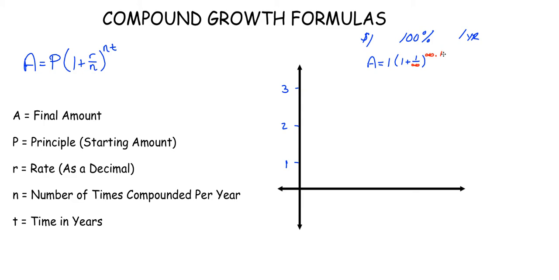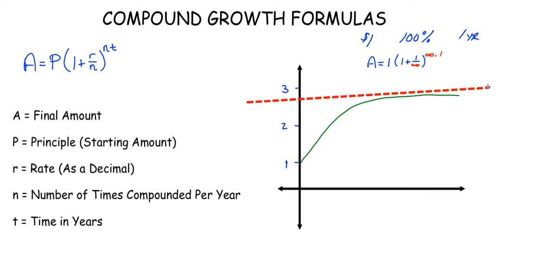As we look at the graph, and if you want to plug this into a calculator, you certainly could, it's going to start right here at 1. I'm just going to grab a different color here. It's going to start right here at 1, and over time it's going to grow and grow, and actually it's going to grow very quickly at the beginning, and then it levels out to look like that, and it has what's called a horizontal asymptote right around this value.